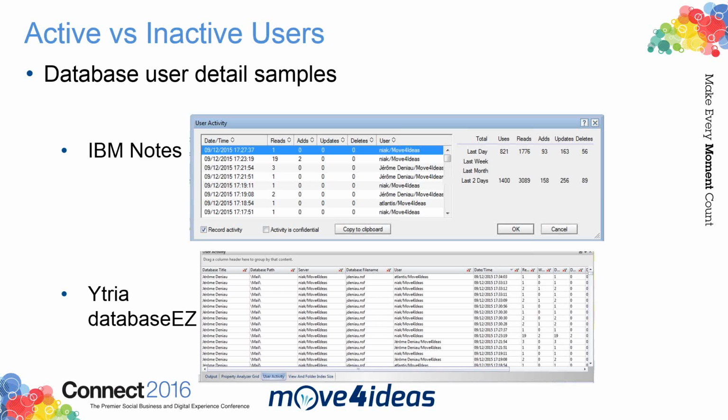The first slide, the top slide, is the IBM Notes result. And on the second part of the slide, you do have Whiteria Database Easy, for instance. My problem is, if you take a look at my IBM Notes information, I just have 2 days of information.